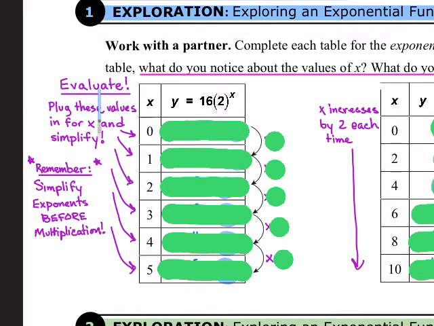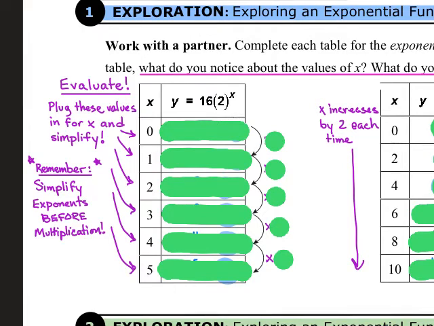All right, so remember, when we evaluate, all we do is take those values for x and we plug them in here where x is in the expression, and then we got to simplify to figure out what the y value is, okay? Once we do that, then we're going to have an x value and a y value. It's going to be an ordered pair, something that we can graph on the coordinate plane to see kind of what these functions look like in graph form.